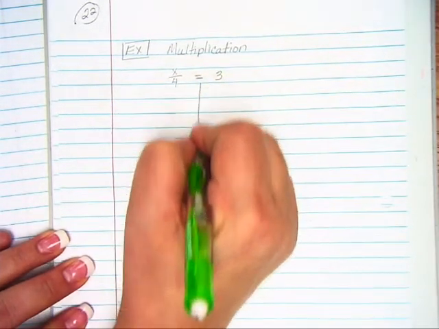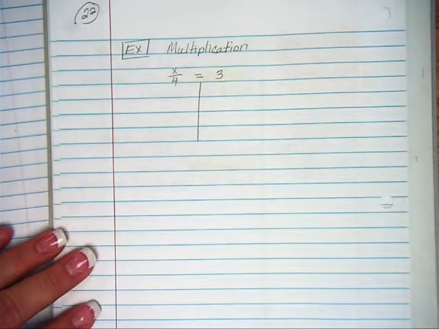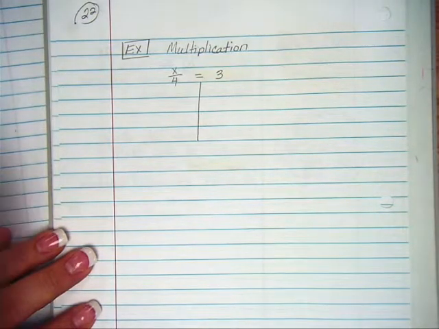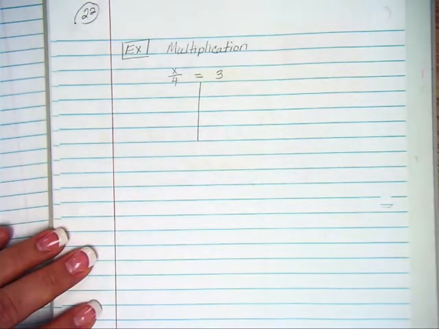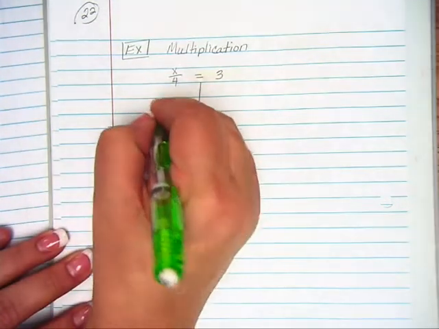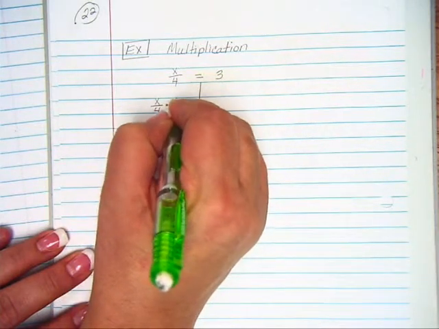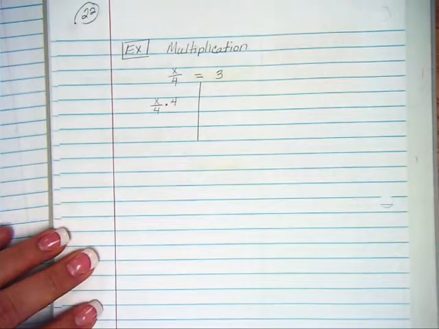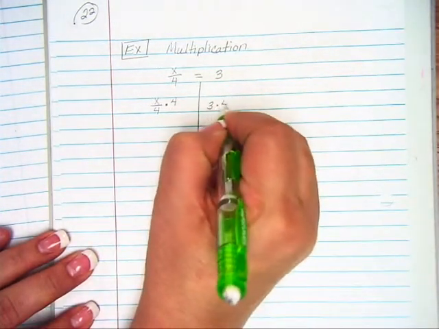So I'm going to put my fence. It divides both sides. How do I undo x divided by 4? Multiply it by 4. So now I'm just going to rewrite it: x divided by 4 times 4. And if I multiply this side by 4, I need to multiply this side by 4.